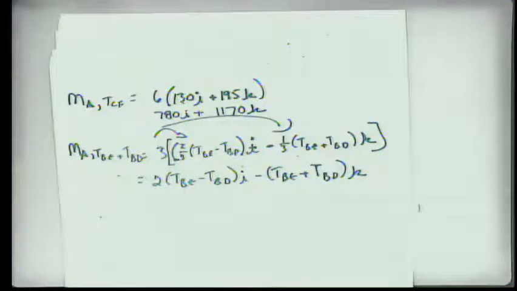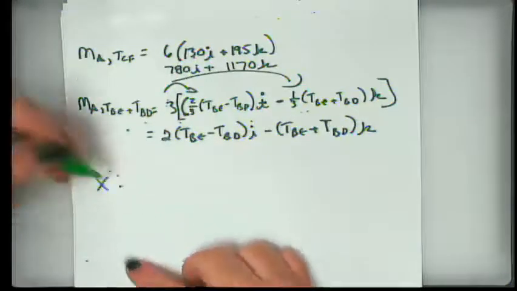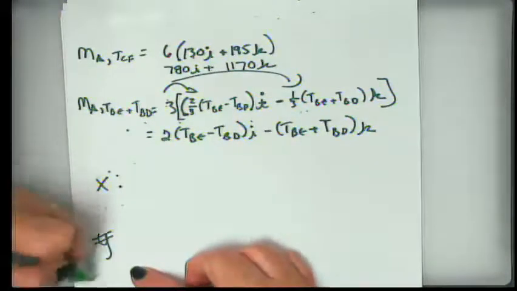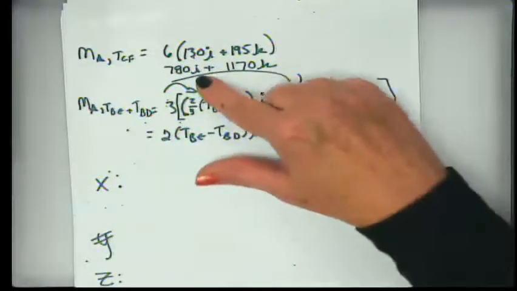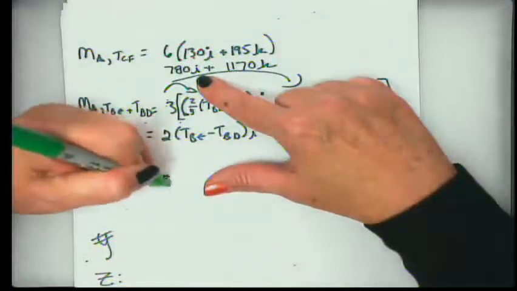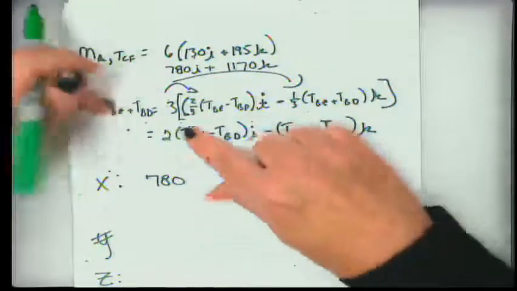All right, so because of the fact that the pole is just purely J, we don't have any Y directional moments. We just have 2 moments. We have the X stuff that has to add to 0, and the Z stuff, which has to add to 0. So I pick out my X stuff. I have 780 from this part of the equation.